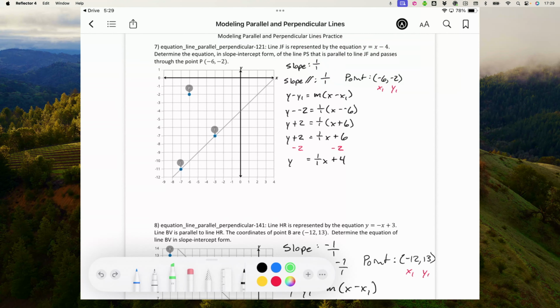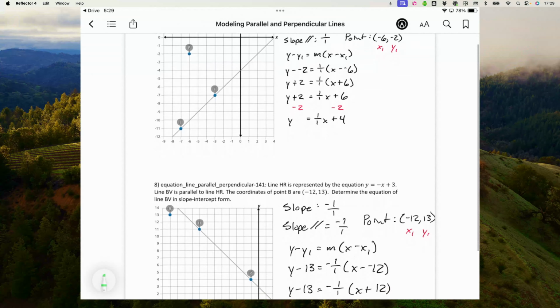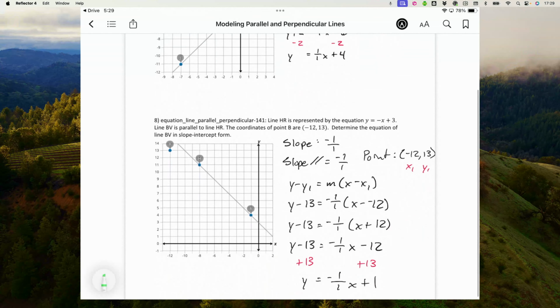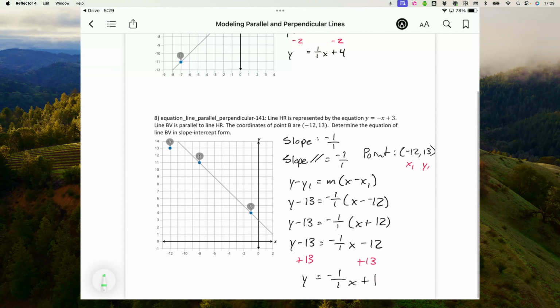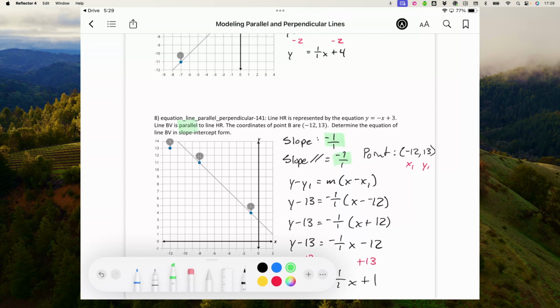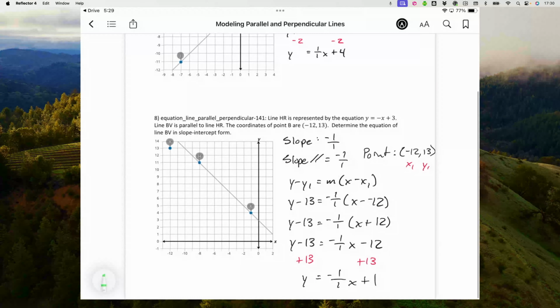And then again, the slope and the point slope form converted to slope intercept form is there. Feel free to pause the video or look at the answer key. And then lastly, again, we have one here that is parallel, so again, the slopes are going to be exactly the same. And the work for how to get it through point and slope form to slope intercept form is there for you.